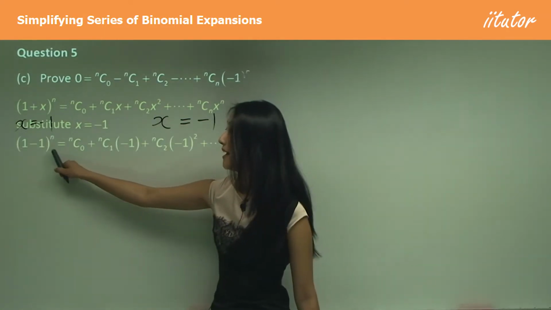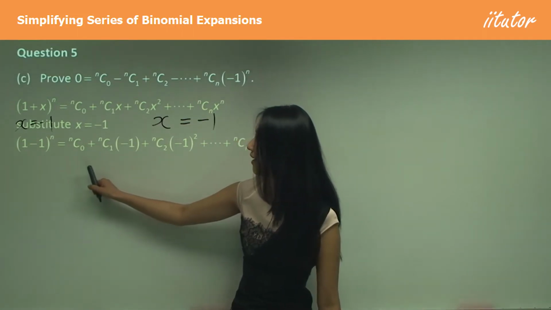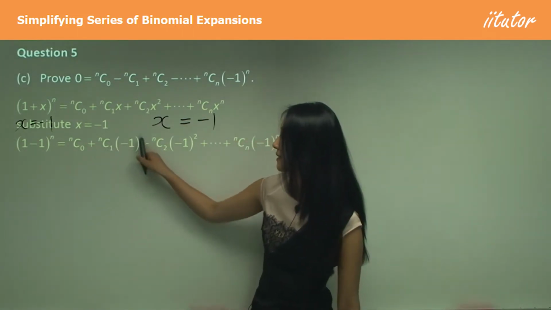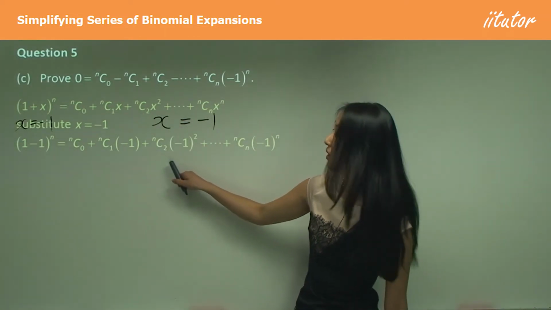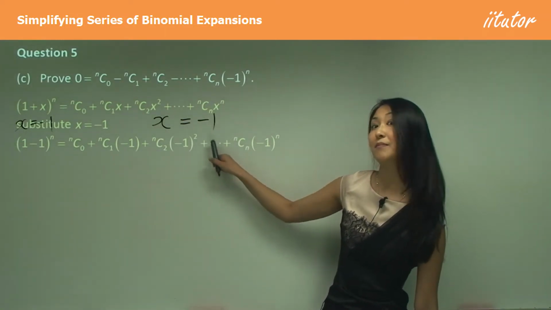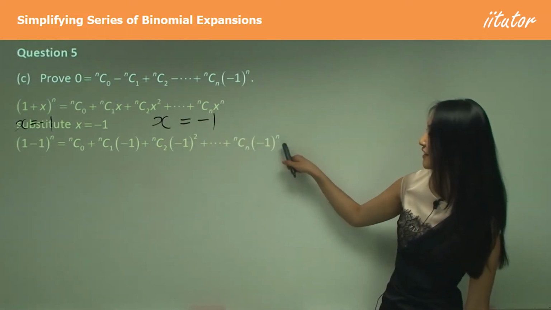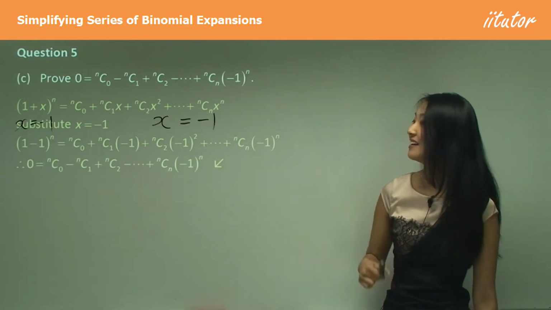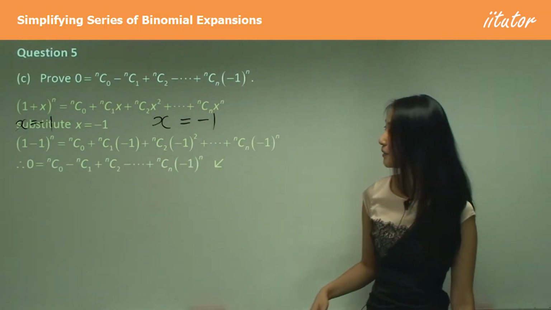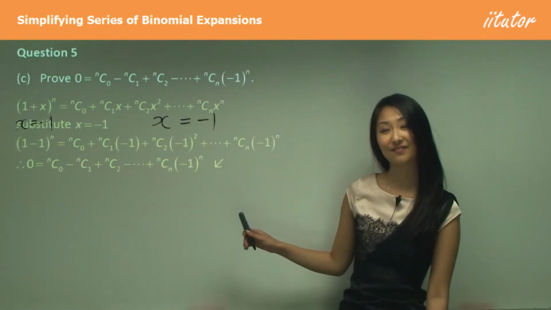So we have (1 - 1)^n, that gives me 0. And over here, you can see this gives me the negative, but negative 1 squared remains as a positive. The next one will give me a negative as well, and then a positive, so on until I have (-1)^n, which is exactly the same as that right-hand side there. So therefore, I just proved that 0 does indeed equal that series.